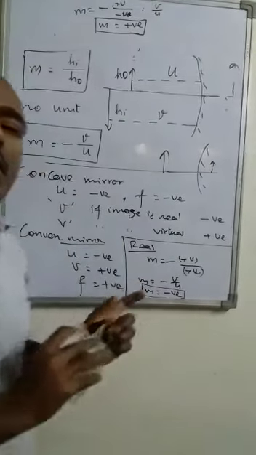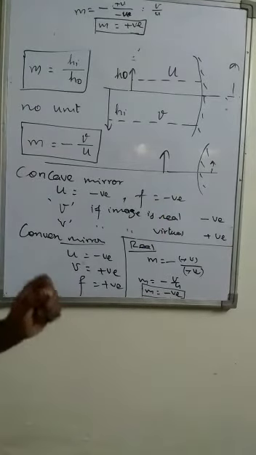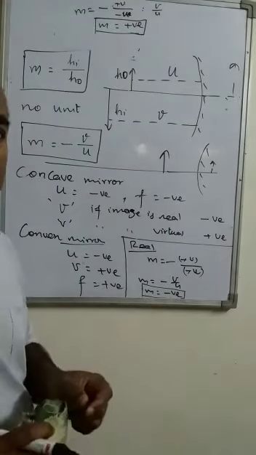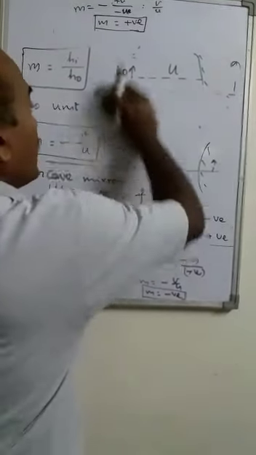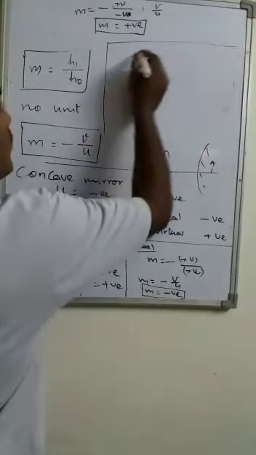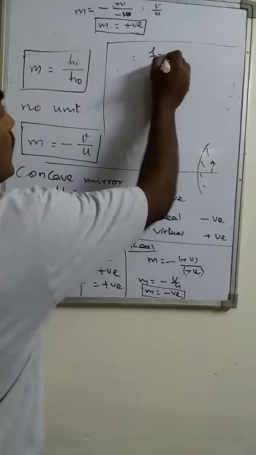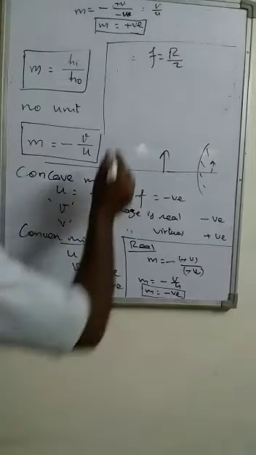So this is all about reflection. In this we got the relations. If I summarize the formulae that we got in this chapter, they are: first, f equals R upon 2, which is for a spherical mirror.